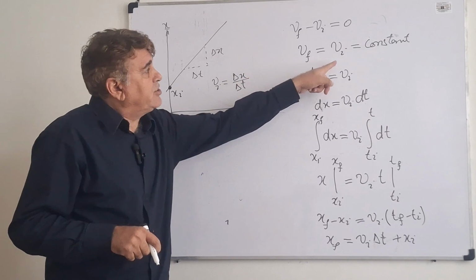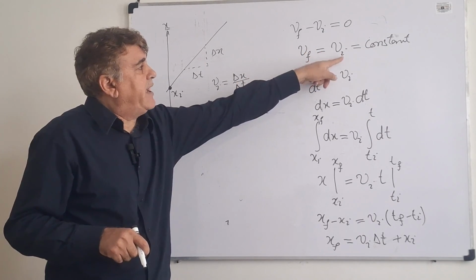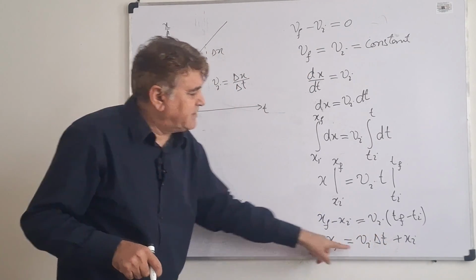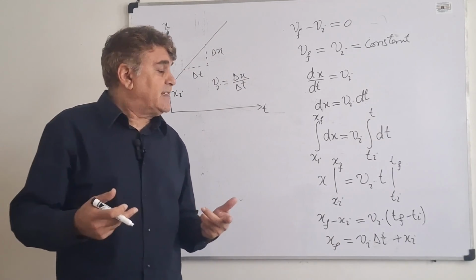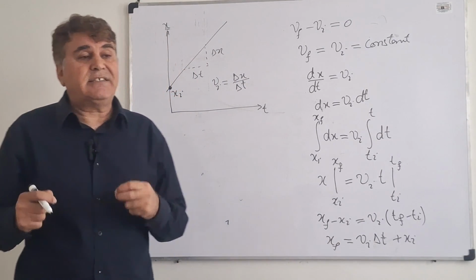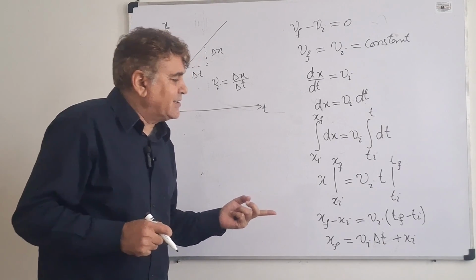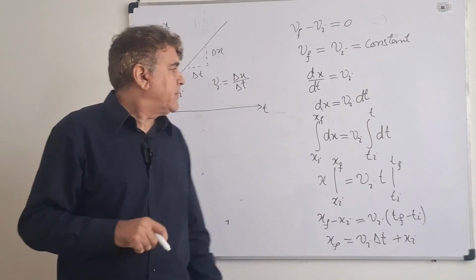In the first equation we see that the velocity remains constant, and in the second equation for the trajectory we see that this is a straight line equation. And that is what Newton's first law states: in the absence of external force, a body will move with uniform velocity along a straight line, and this is the straight line.